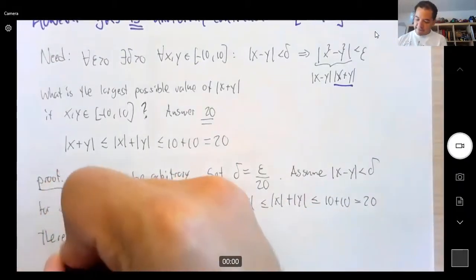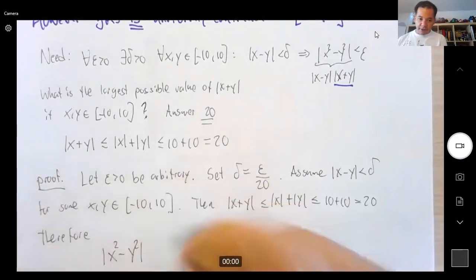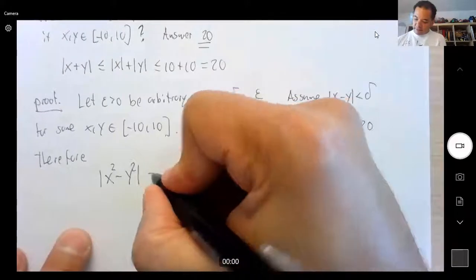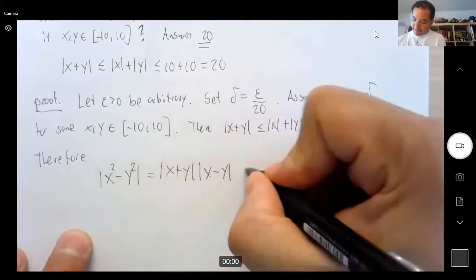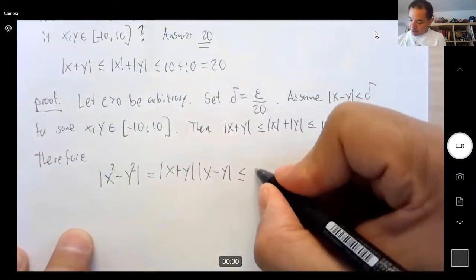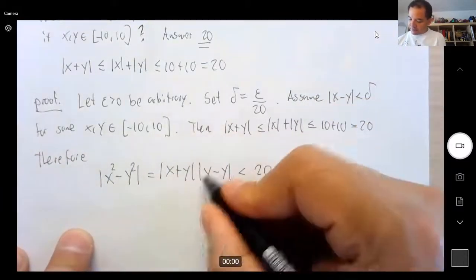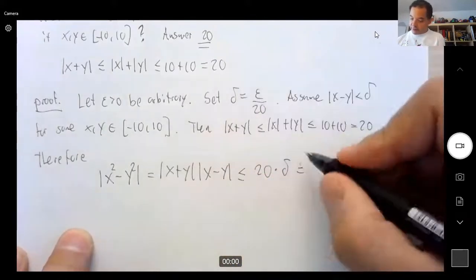Therefore, x squared minus y squared, which is x plus y times x minus y, is smaller than, well, the first one is smaller than 20, and the second one is smaller than delta. But delta is epsilon over 20.